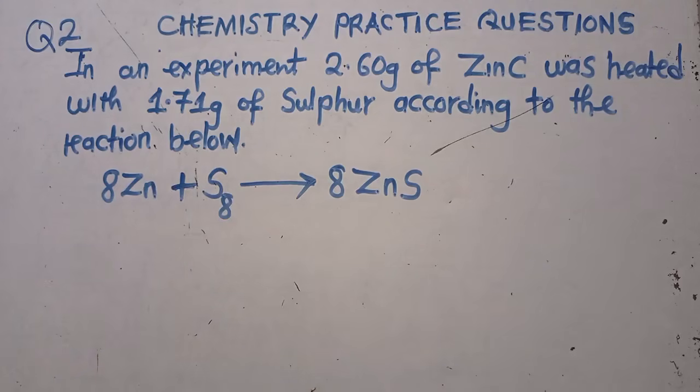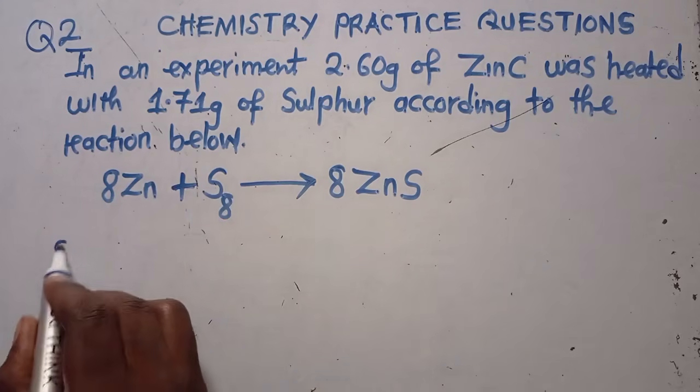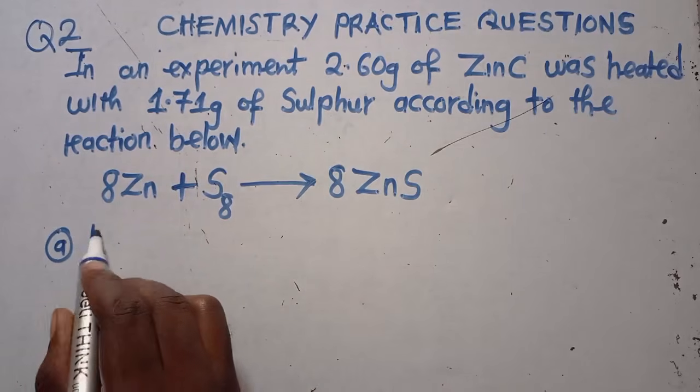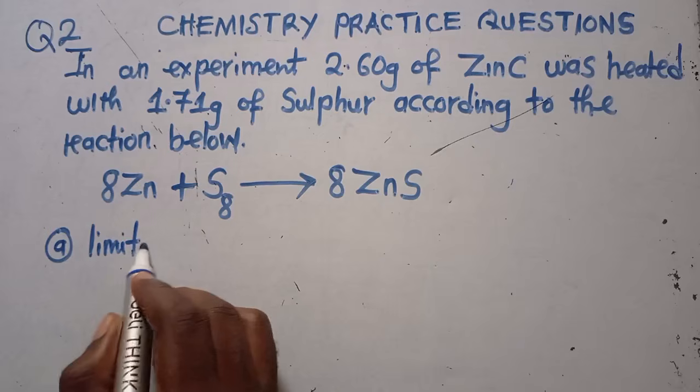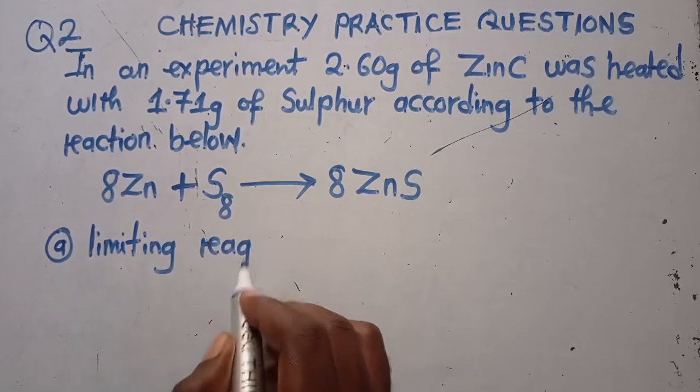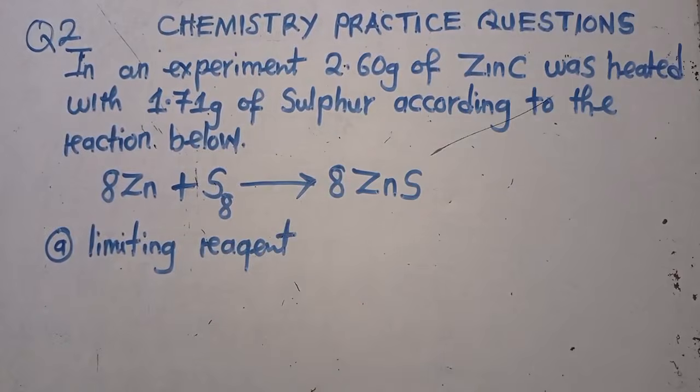This is a reaction. The first question that was given told us to determine the limiting reagent. How can we determine the limiting reagent in this case? We find the number of moles.